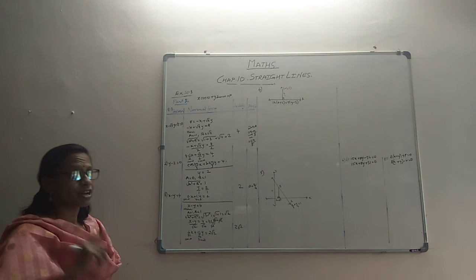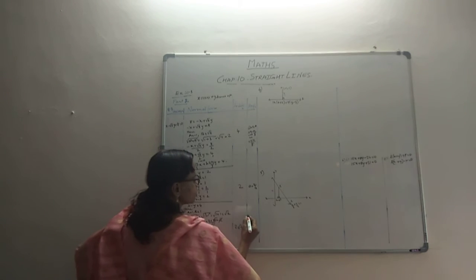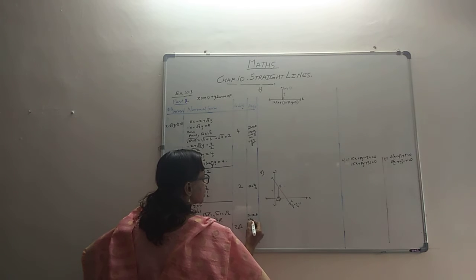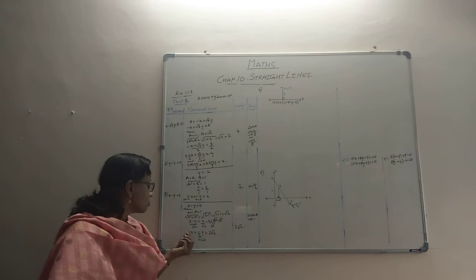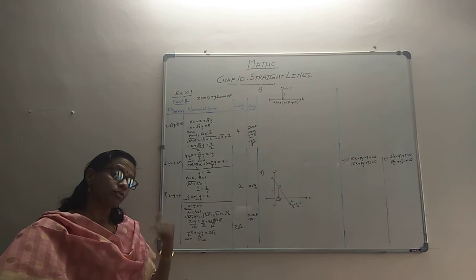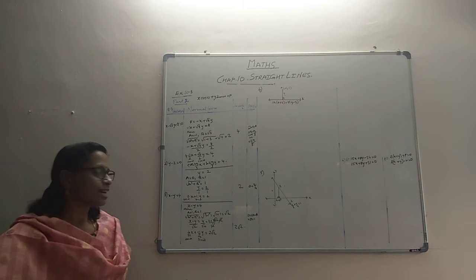Cos is positive, sin is negative. Where does that happen? In the fourth quadrant. So it's clear to us that this is in the fourth quadrant, 2 pi minus theta. Now it is for us to find out what theta is. That we find out from the values, 1 by root 2 and 1 by root 2. Which cos value gives 1 by root 2 and which sin value gives you 1 by root 2? 45 degrees, which is pi by 4.